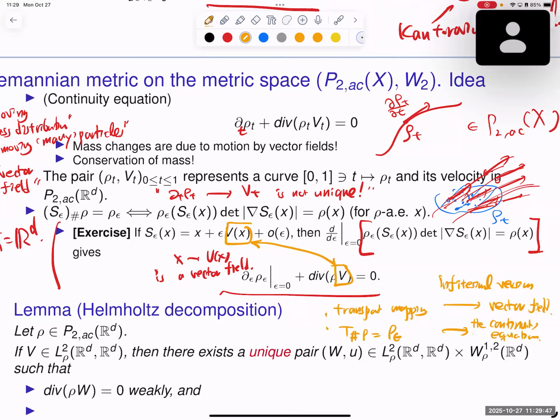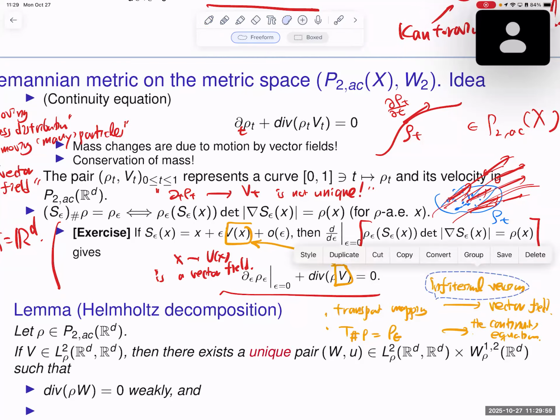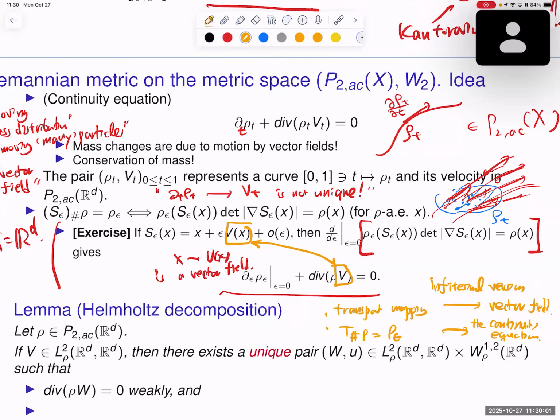So the continuity equation is nothing but an infinitesimal version of this transport condition. That is the idea you want to remember.